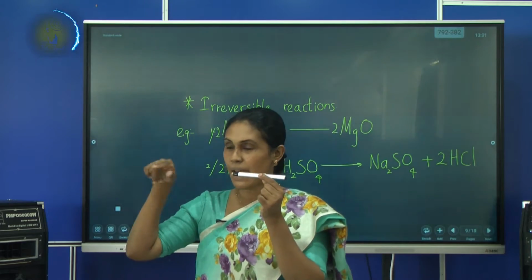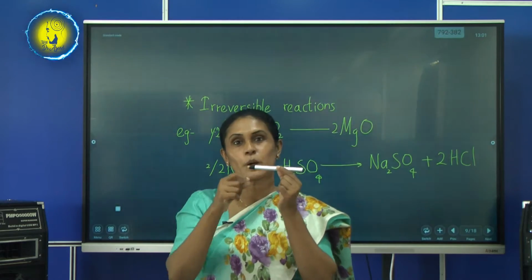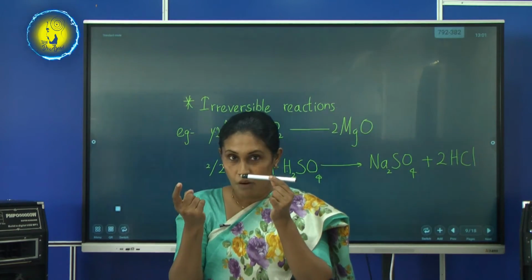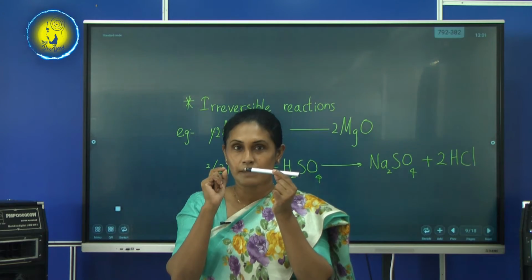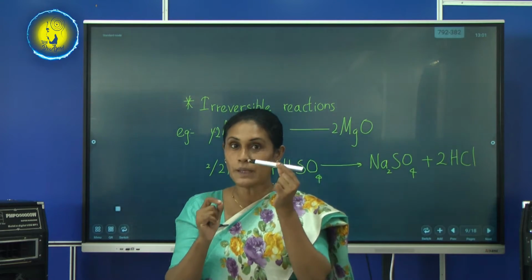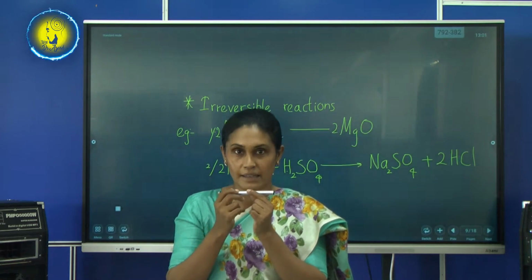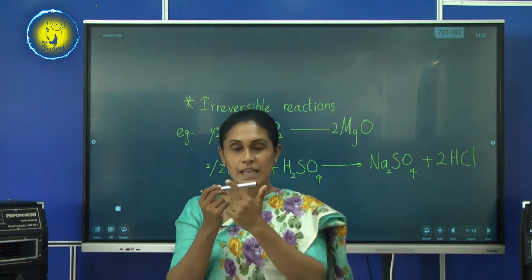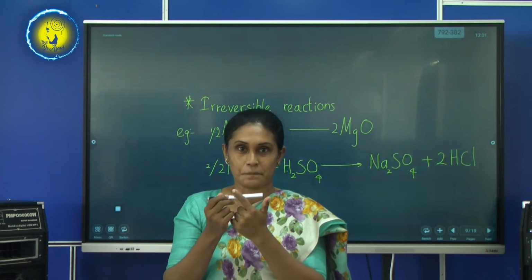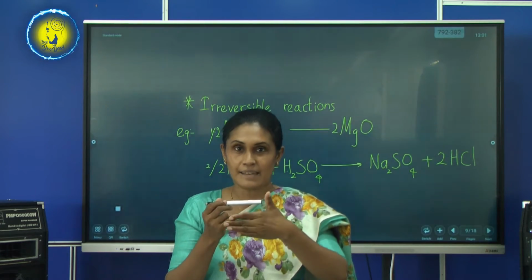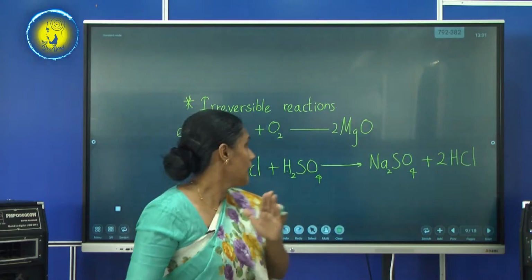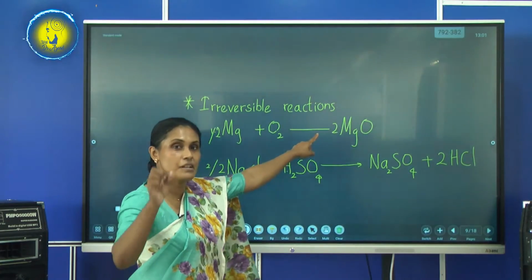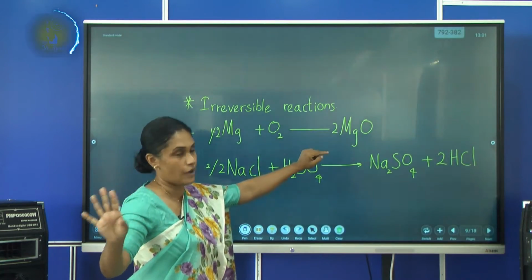This aluminium reacts with oxygen in the atmosphere. What will happen? That oxygen reacts with aluminium and makes a layer of aluminium oxide, and it protects this. It's a layer over it, right? Likewise, this is also a similar example for that.